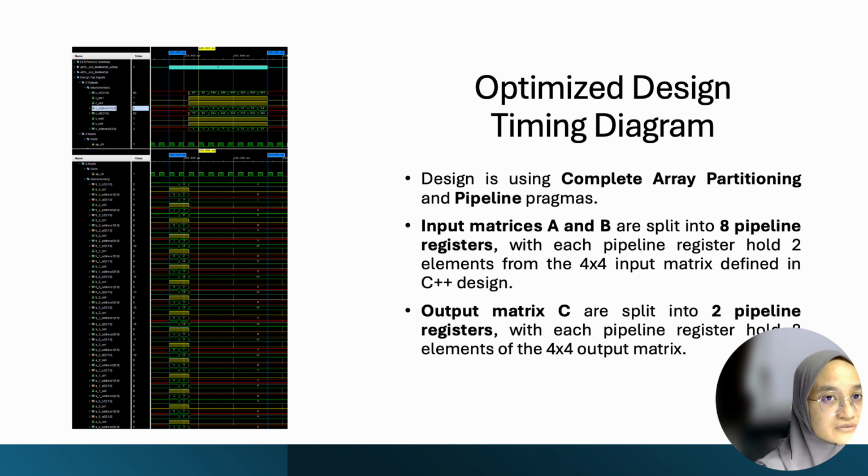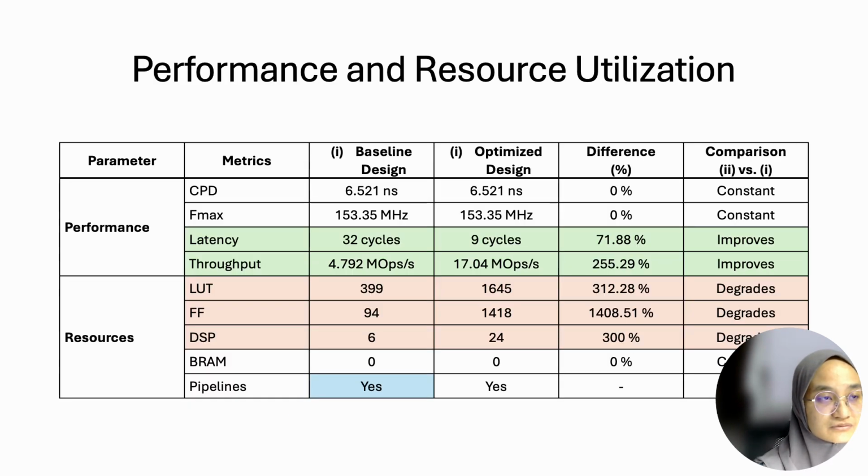Next, I will show a table to compare the baseline design and optimized design in terms of performance and resource utilization. As you can see here, the critical path delay, which is the maximum time for data to be processed from one register to another register, is the same, as is the maximum operating frequency.